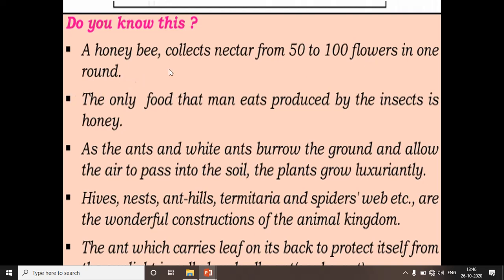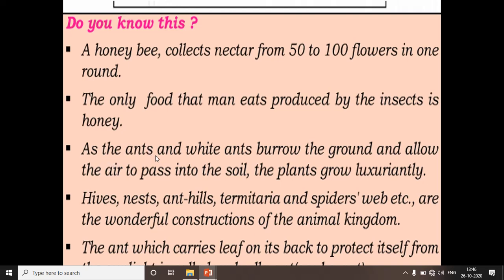So how many flowers can it collect nectar from in one round? 50 to 100. The only food that man eats produced by an insect is honey. We know honeybees are insects, so the only food that man eats produced by an insect is called honey.